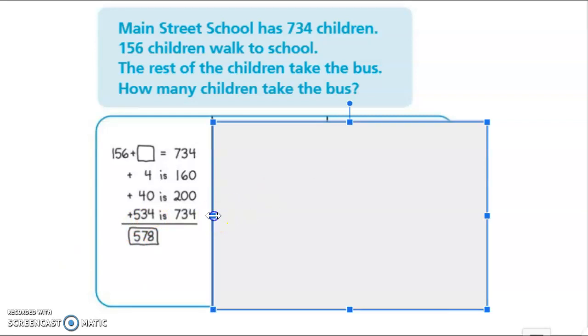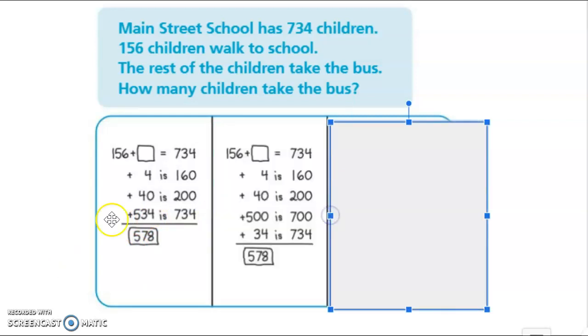578. Okay, the second student solved this problem using the adding up method the same way, except what do you notice is different? Right, the first student did 200 plus 534, and this student went from 200 plus 500, so they didn't take as big of a jump.